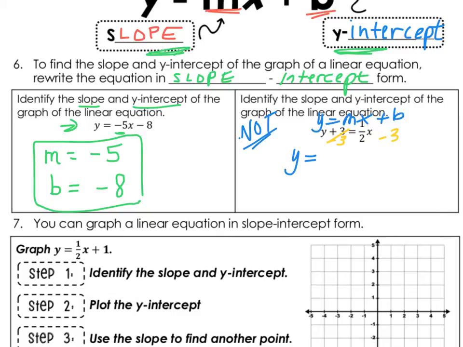So now we're left with y equals 1/2 x minus 3. Now, right in here, 1/2 x minus 3, those are not like terms, so we could not combine them.